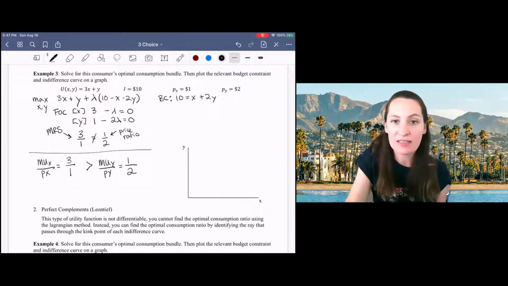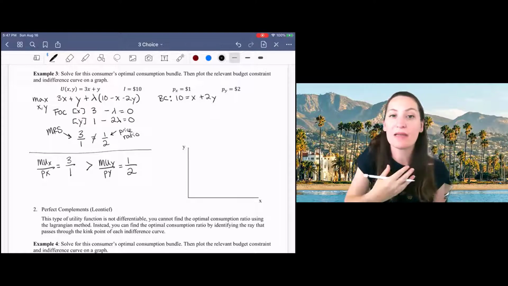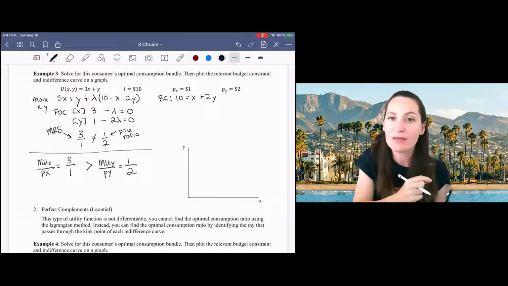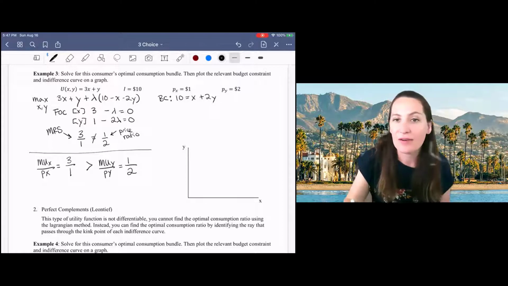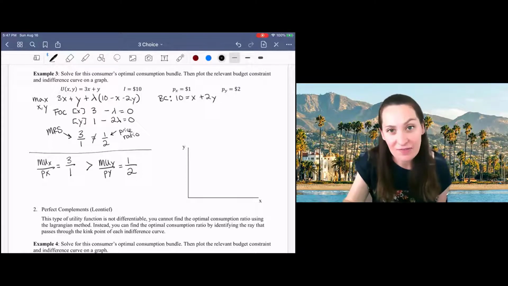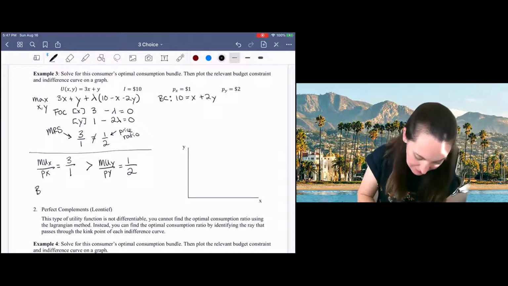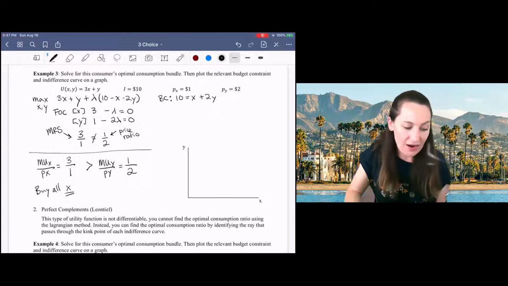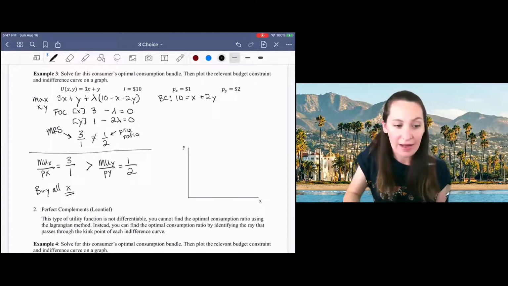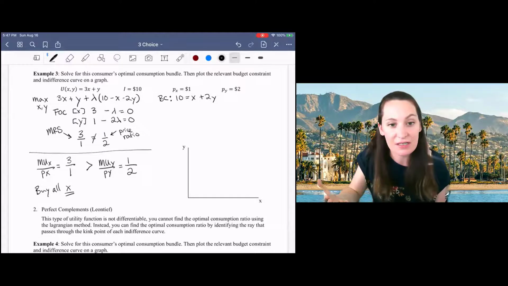Every dollar I spend on X gets me 3 utils, right? 3 units of utility. Every dollar I spend on Y only gets me half of a util. So I'm going to want to buy all X. And then to figure out how much X I will buy, I can just look at my budget constraint, right?